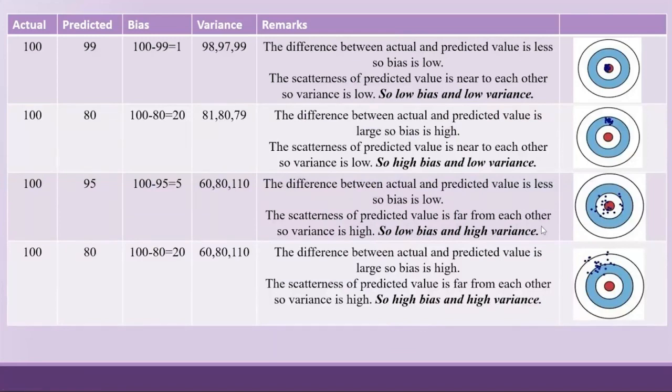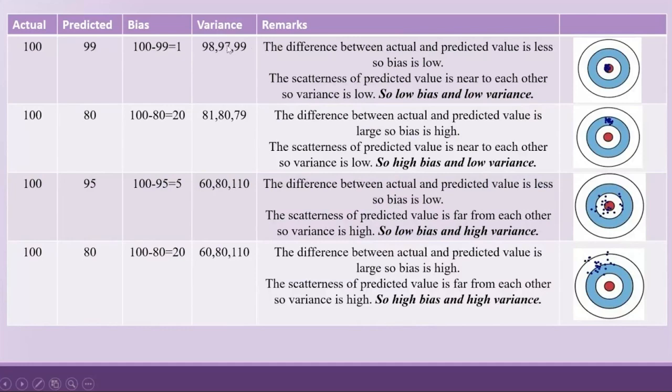Now the same thing, let us try to understand with the numbers. Actual 100, predicted 99, right? The predicted model, the blood pressure model, current salary. Actual is 100, 99 is predicted, bias is 1. And the variance is that suppose we had repeated this analysis 3 times, we got the answers 98, 97, 99.